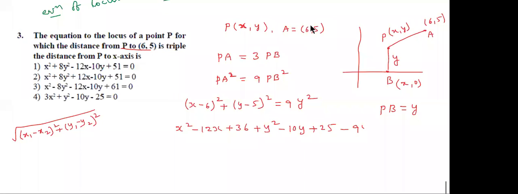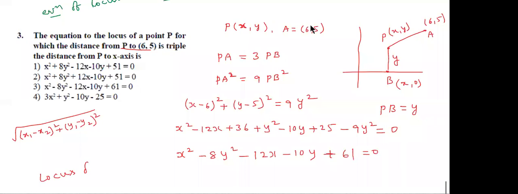Right hand side 9y square, send to left hand side, that is equal to 0. x square plus y square minus 9y square, that is minus 8y square, minus 12x minus 10y, 36 plus 25 that is 61, is equal to 0. This is the locus of P. This is the answer. Students, which option is correct? Third option is correct.